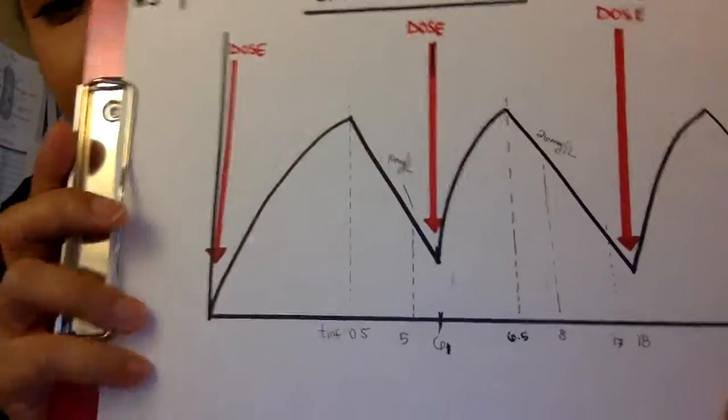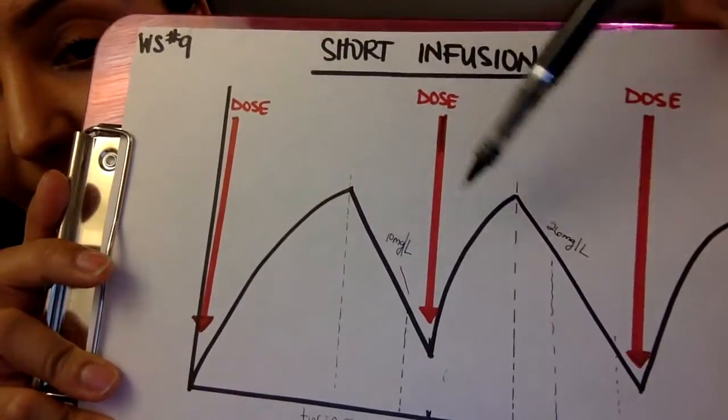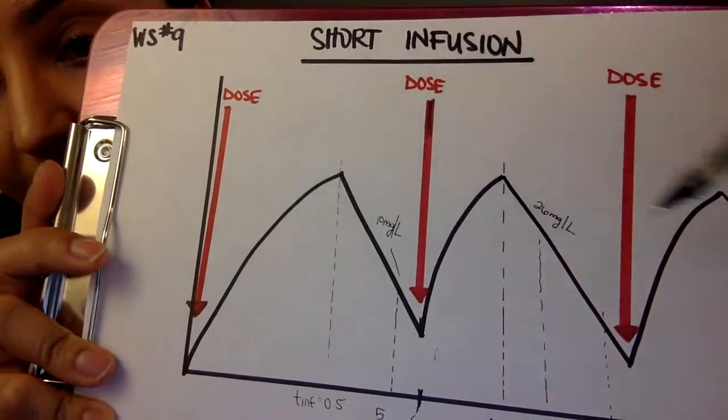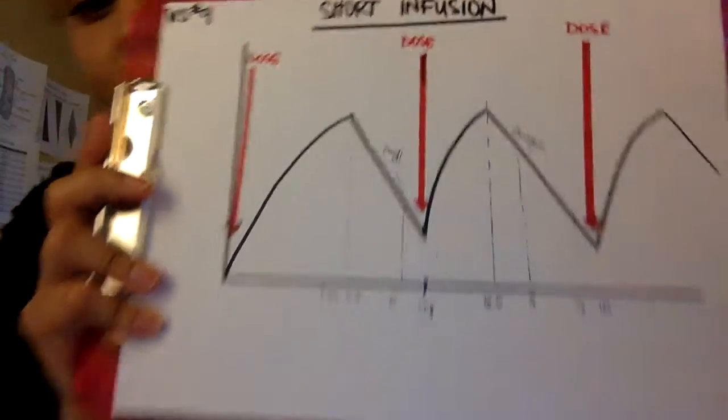Because the trough was checked an hour before the dose, if our dose is going to be given at 18 hours, then the trough is going to be checked at 17 hours. So we can draw 17 here on the graph. And then you can transfer over that 10 milligrams from the first part onto here, the hour before. So that will also be considered 10 milligrams per liter.